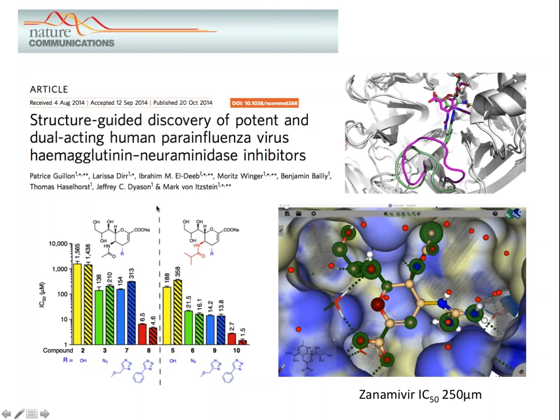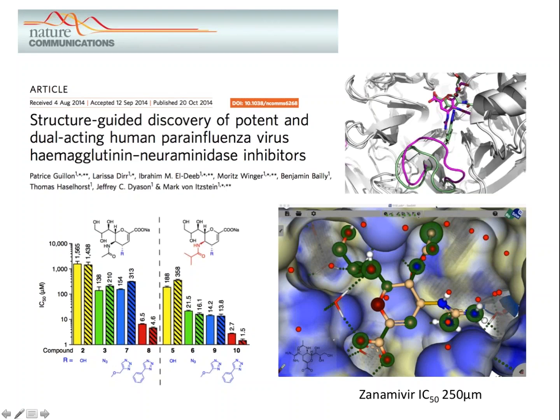It's a combined hemagglutinin and neuraminidase, and so the binding site is not as tight as in the flu neuraminidase case, so it's a bit more open, and that makes it much more difficult to just design a drug. A key observation in that context was by molecular dynamics simulations.